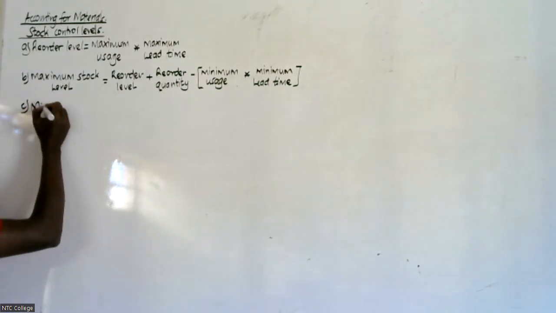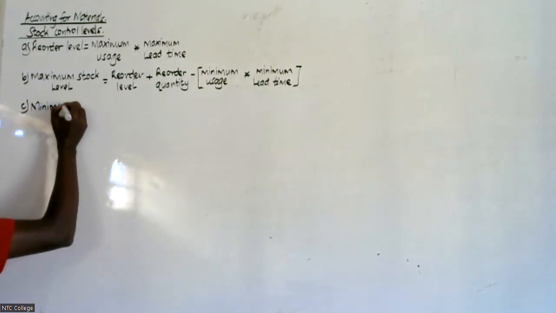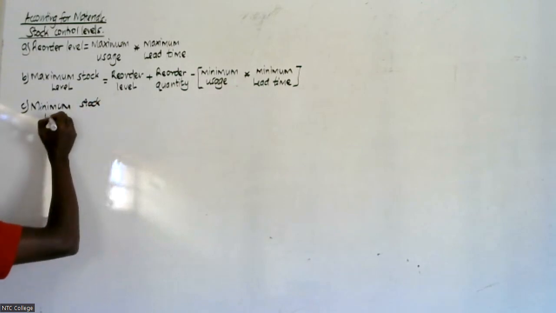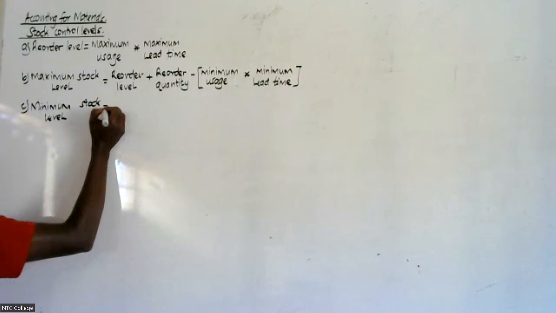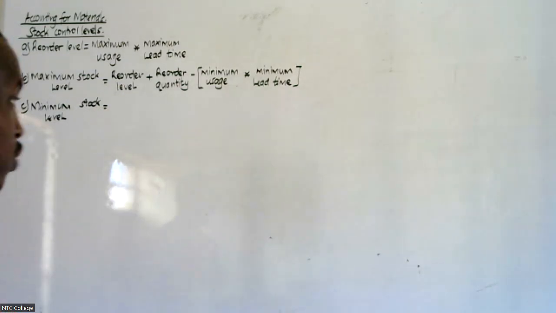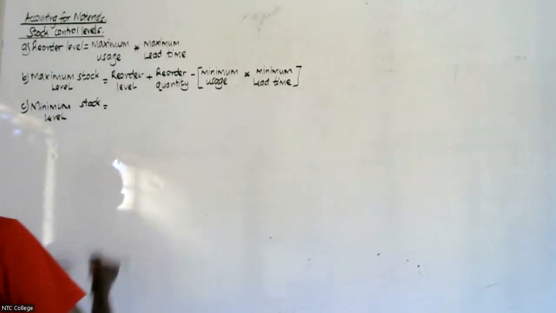Number 3 is the minimum stock level. This indicates the level stocks should not fall below, to prevent understocking.